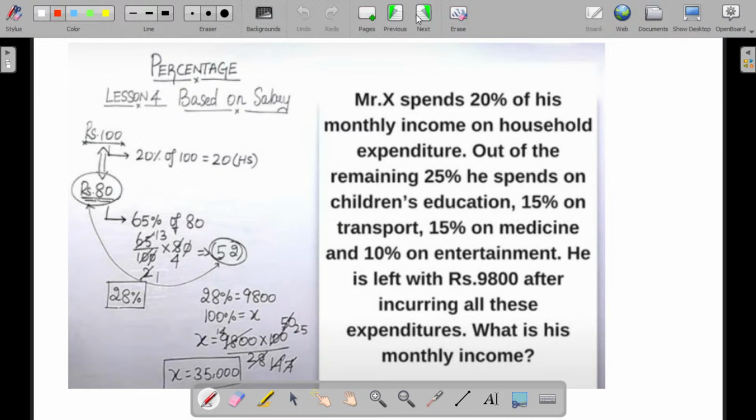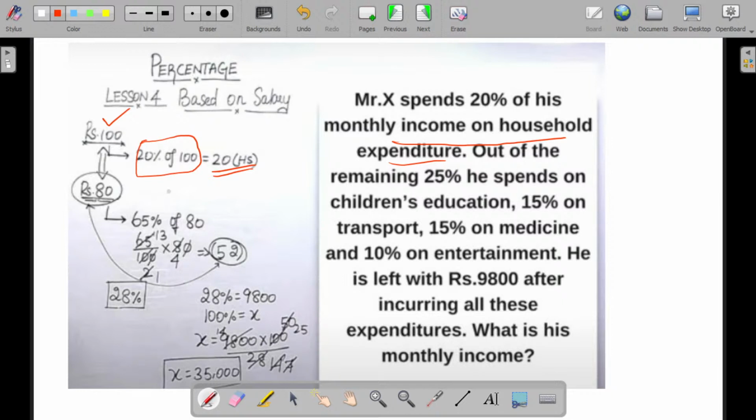So the correct answer is 35,000. So here, try to understand the question. 20 percentage of his monthly income on the household expenditure. Suppose we consider 100, so out of this 100, 20 percentage of his income, that is 20 rupees on the household expenditure.